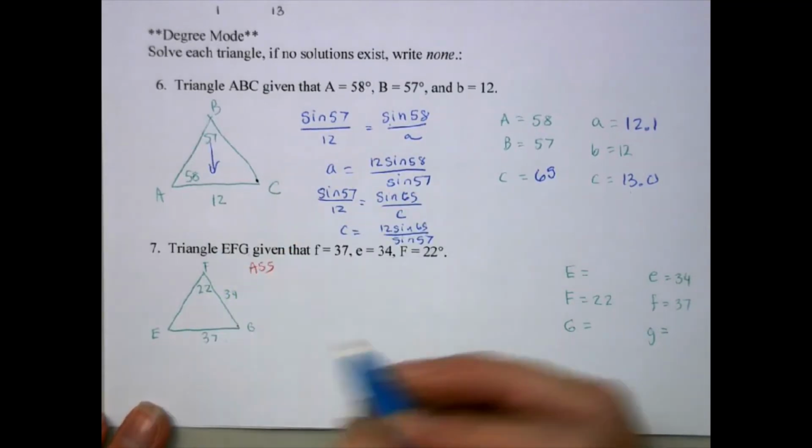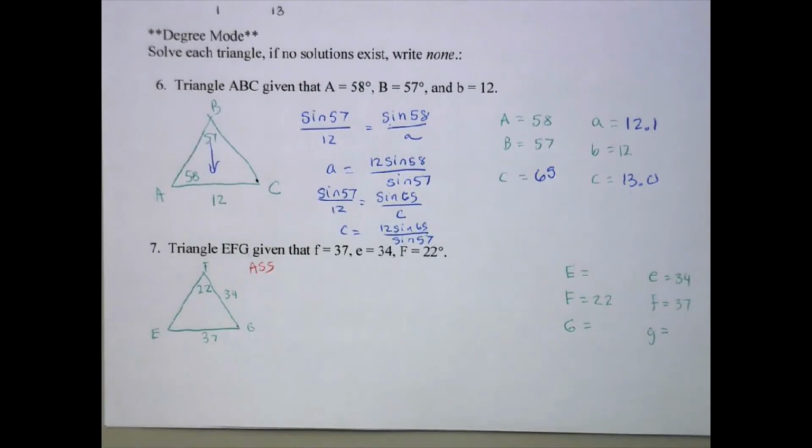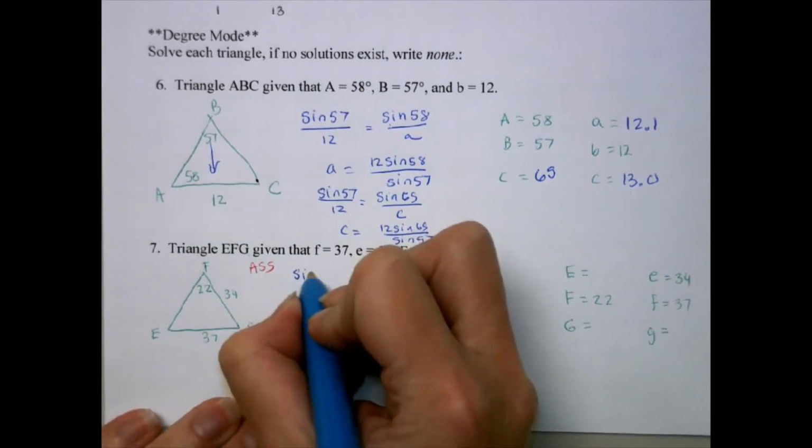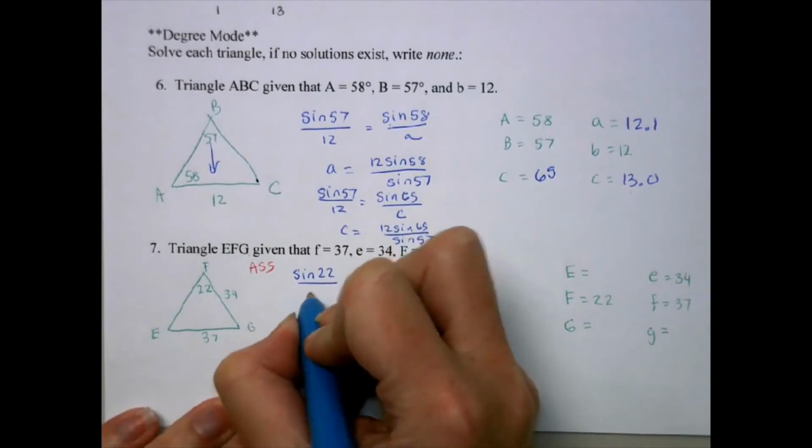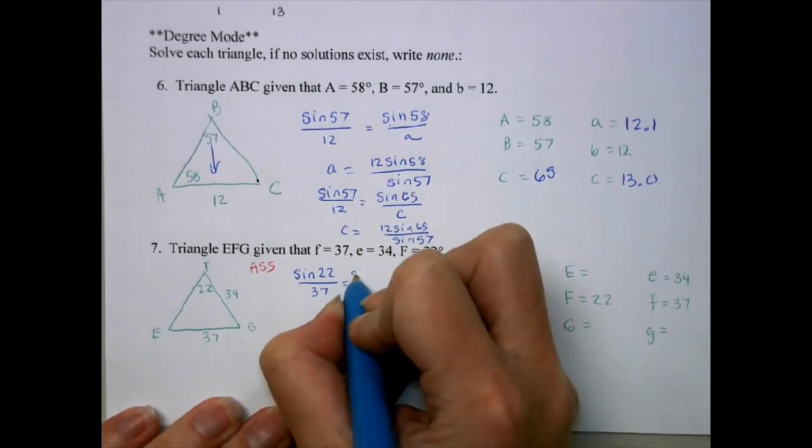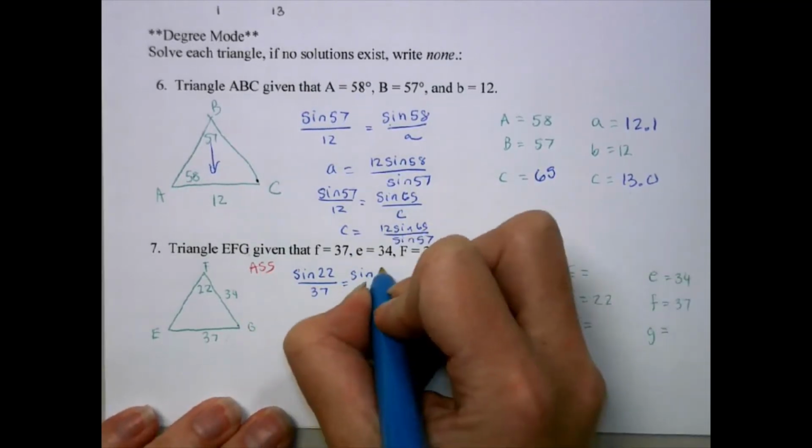So we have to check for if there are 0 triangles, 1 triangle, or 2. So we start with the law of sines. Sine 22 over 37 equals sine of E over 34.